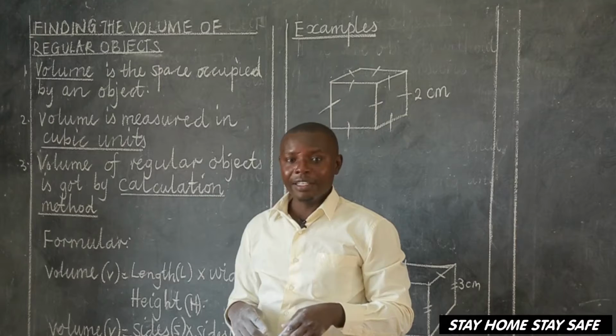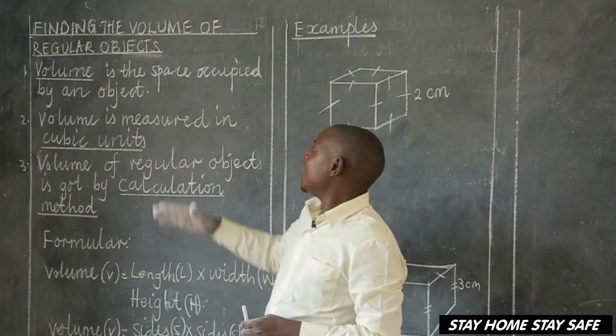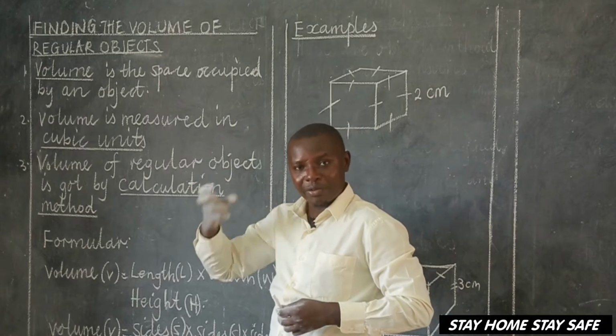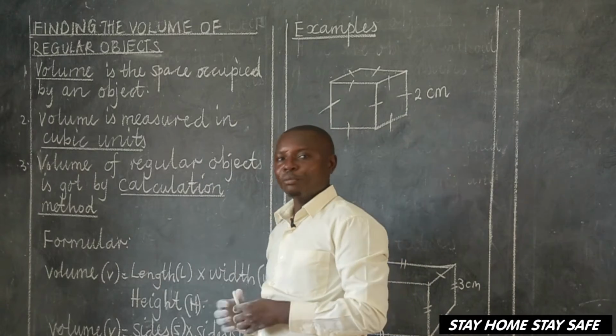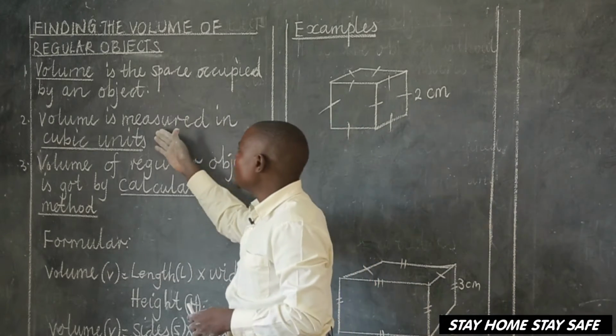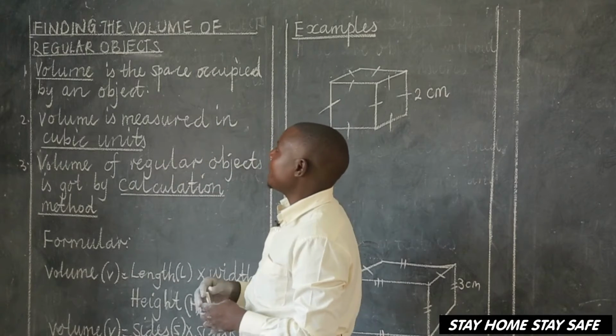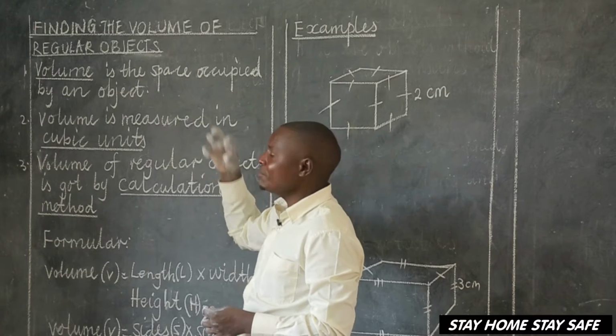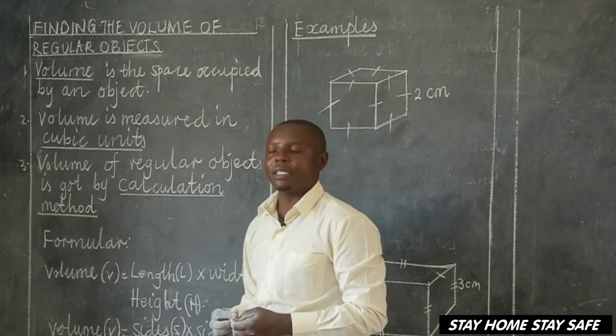So let's look at the amount of space these objects occupy. That's what we are terming as volume. So volume is the space occupied by an object, and volume is measured in cubic units.